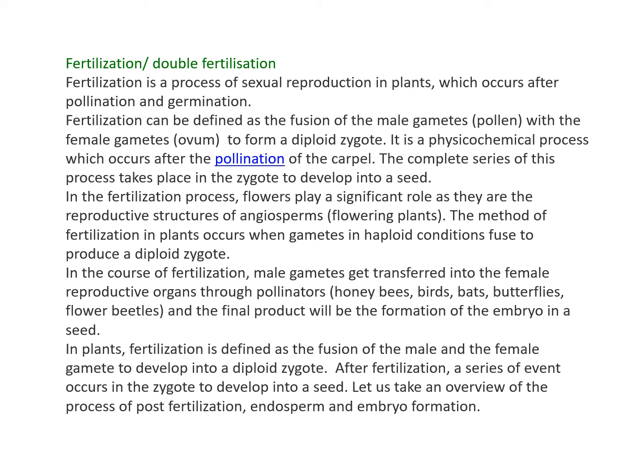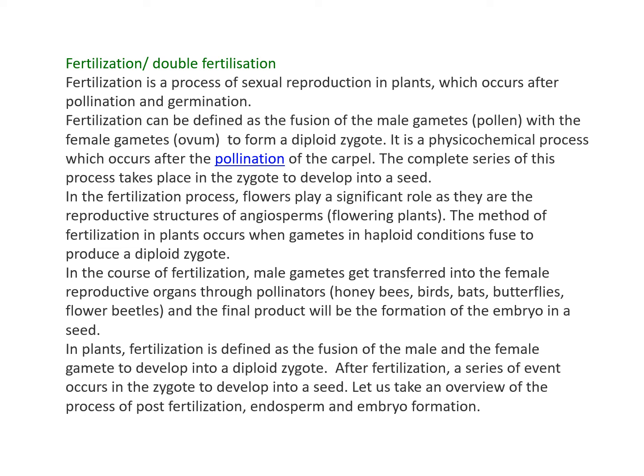In the course of fertilization, the male gamete gets transferred into the female reproductive organ through a pollinator. Actually these are the definitions we must see, and this is a different topic, but it is discussed a little here. Pollinators perform pollination, picking up pollen grains from the stamen and carrying them to the carpel. They can be honey bees, birds, bats, butterflies.